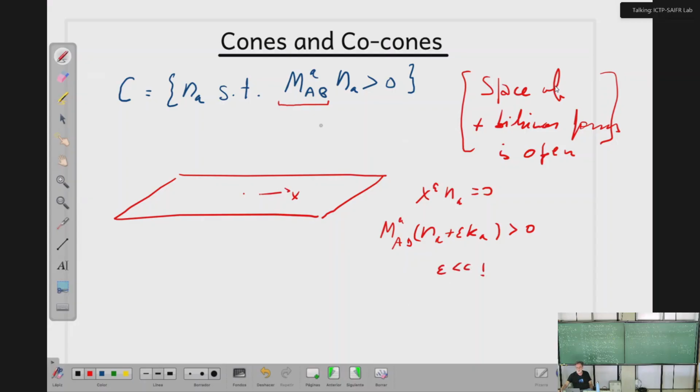So we know that this is not big. This will be an open set. This C is open and contains many planes.